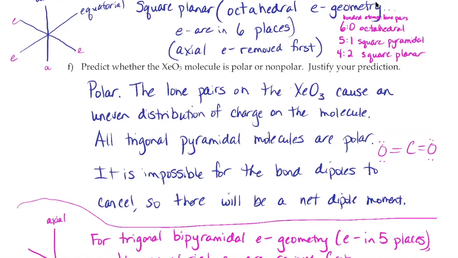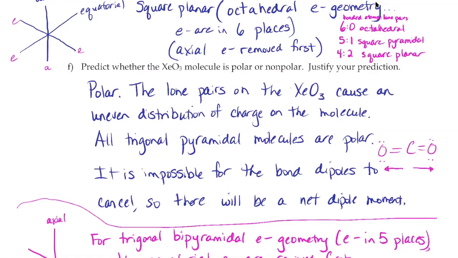Electrons are more attracted to the oxygen than they are to the carbon. So you have a general bond dipole that this oxygen pulls to the right and this oxygen pulls to the left, but the carbon dioxide molecule is linear overall. And so those bond dipoles cancel out and make it a nonpolar molecule overall.